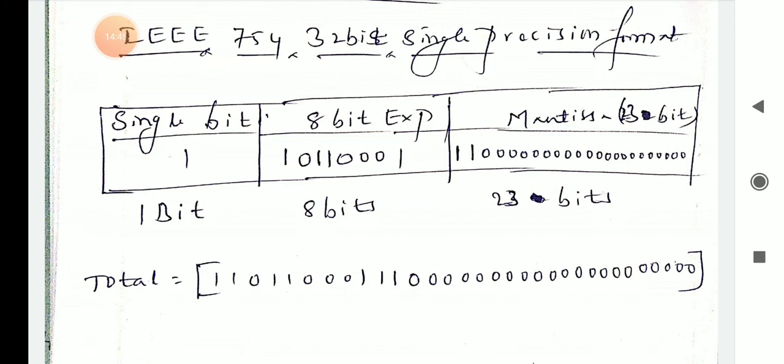These are very important concepts related to the IEEE standard format for single precision and double precision. I hope you are understanding these problems related to IEEE 754 for 32-bit and 64-bit.